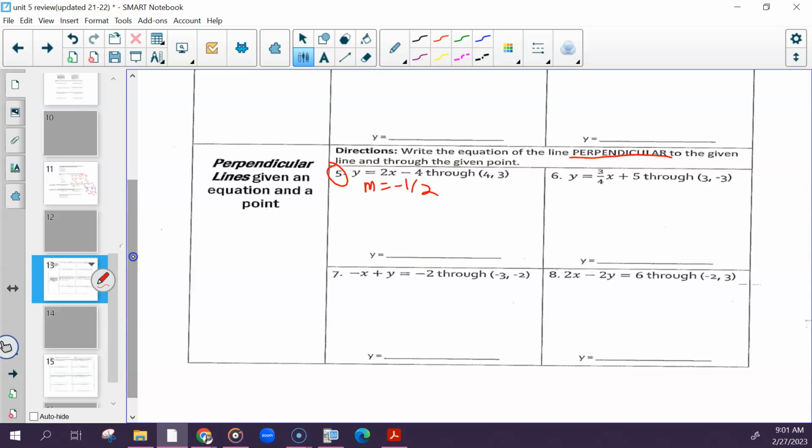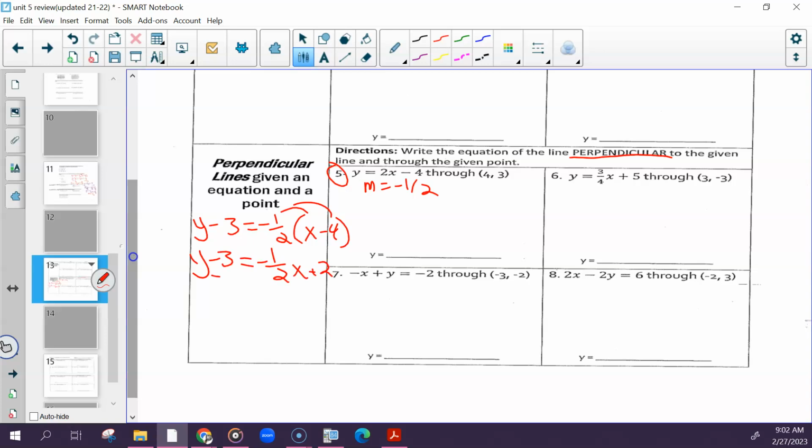So then take the point that you're given and your slope, and either in this box or on the side, do your point slope. So y minus 3 equals negative 1/2 times x minus 4. Distribute. So y minus 3 equals negative 1/2 x plus 2.